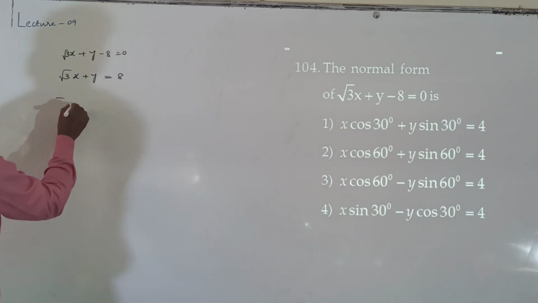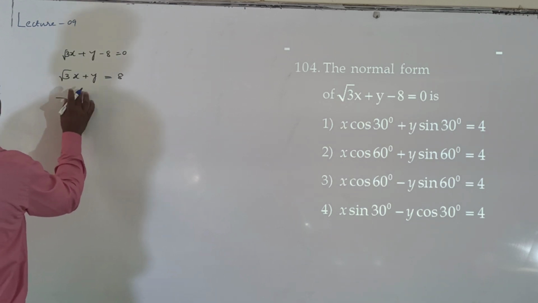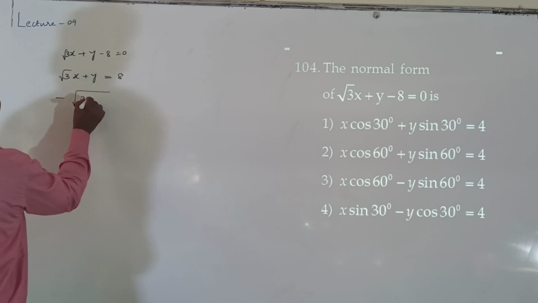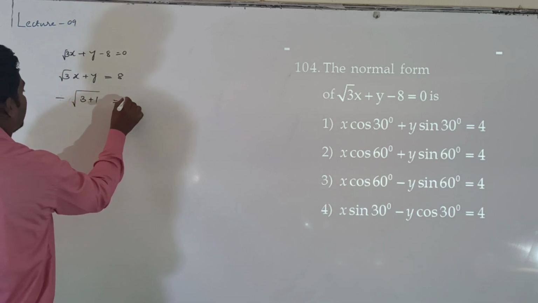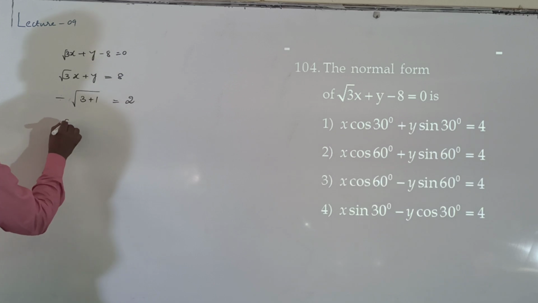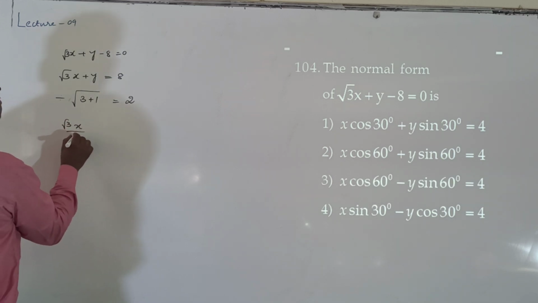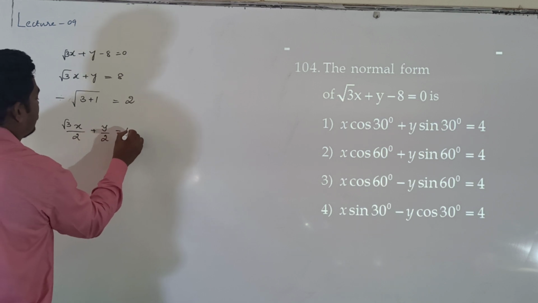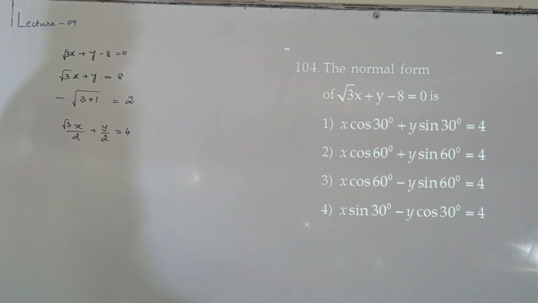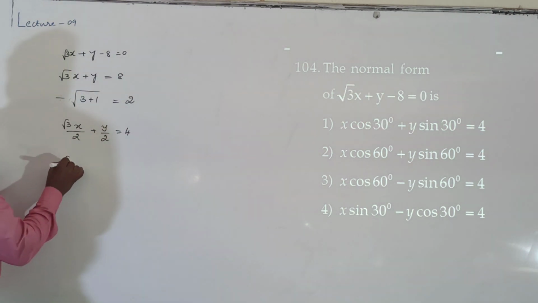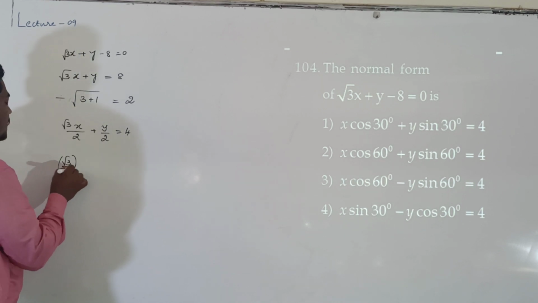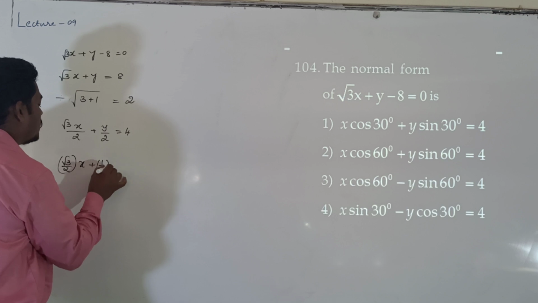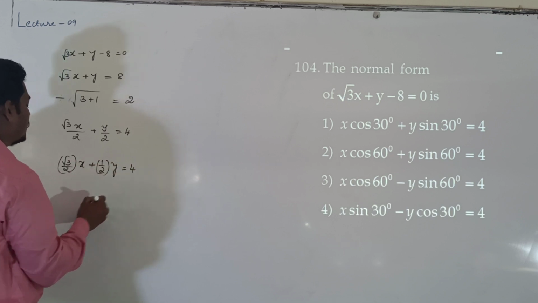After that, divide each term by the square root of the coefficient of x whole square plus the coefficient of y whole square, that is equal to 2. Means root 3x divided by 2 plus y divided by 2 is equal to 4, because we are dividing by 2. Then root 3 by 2 into x plus 1 by 2 into y is equal to 4.